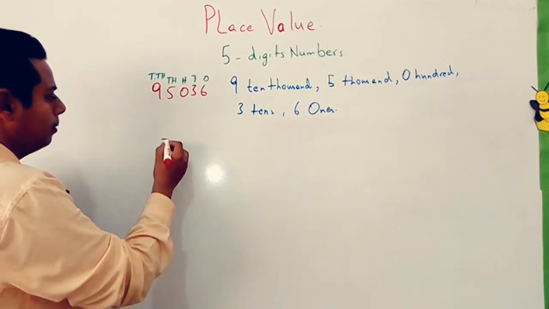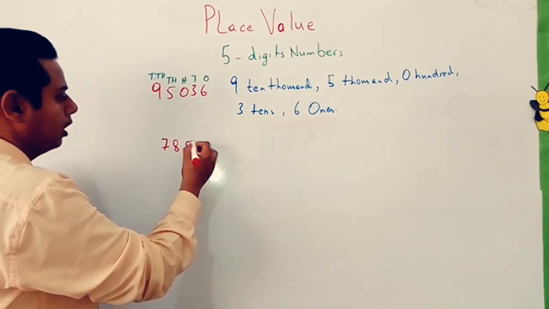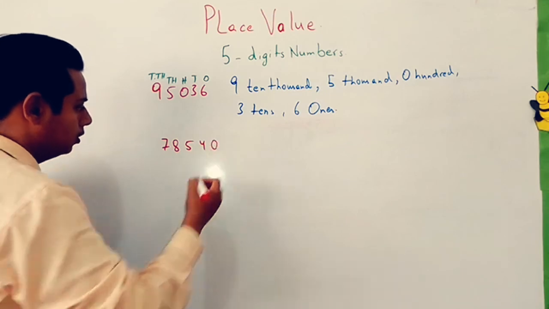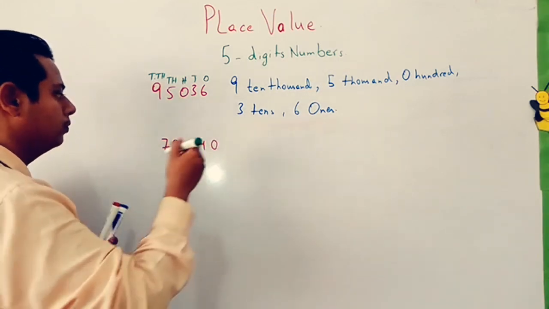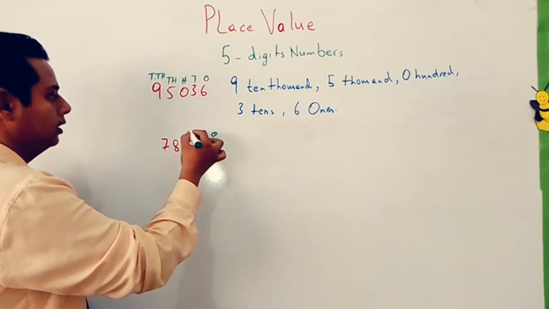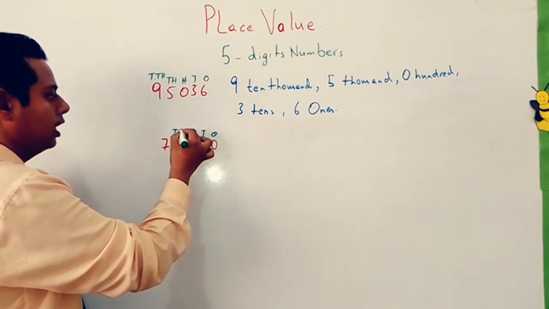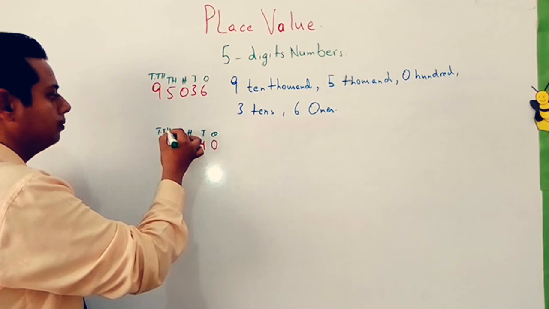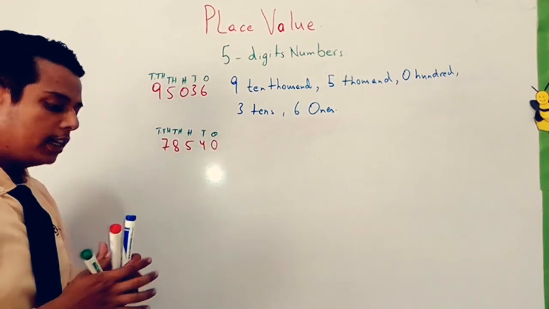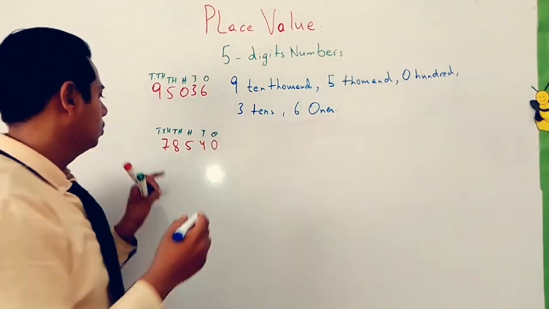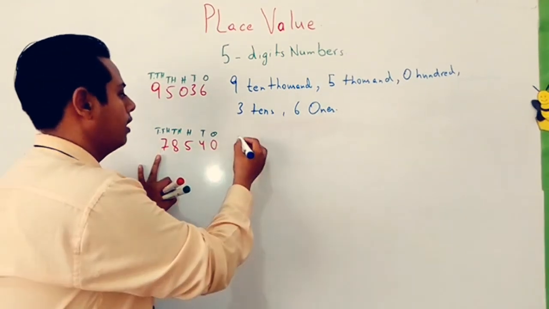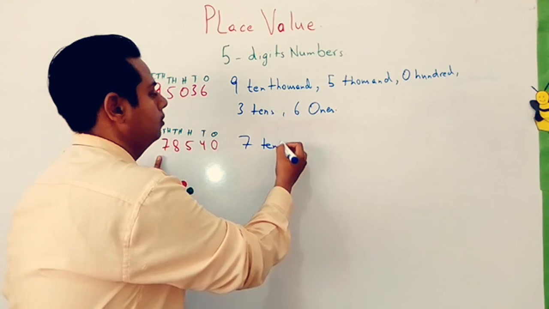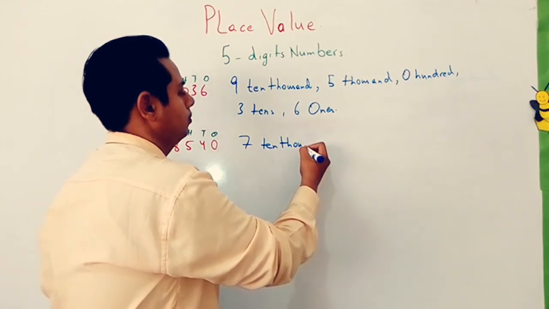Now you guys will help me out. How can we figure it out? What is the first step? Placing the place value. Ones, 10, 100, 1000 and 10,000. Fine. Second step. Now, how many 10,000 are there? 7. 10,000.